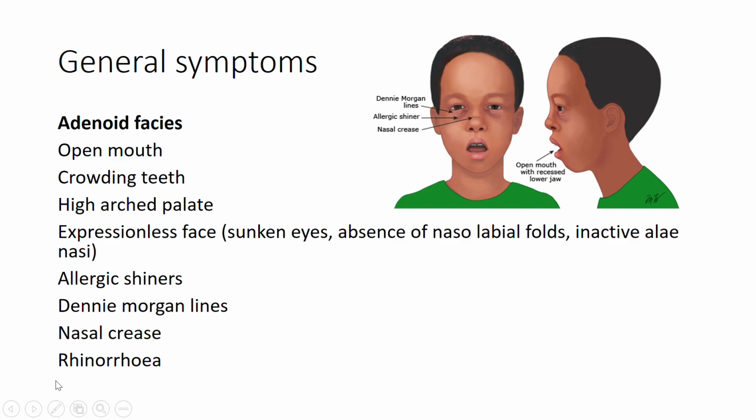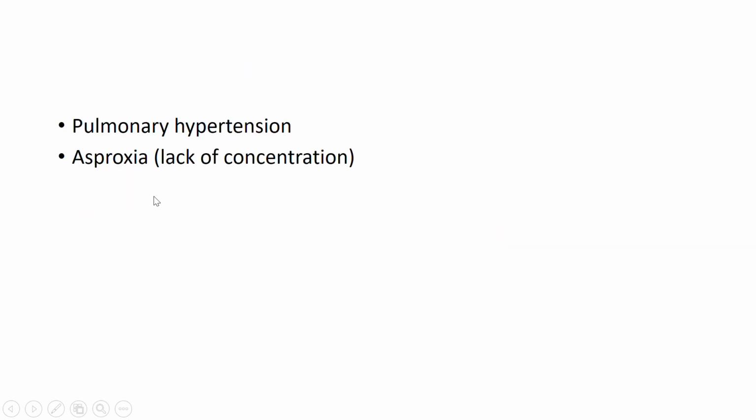Also you can see rhinorrhea. If you inspect the nose, you can see that there is mucus or nasal discharge present here, or even without examination you can see that the mucus may be just trying to leak out or running out from the nose. So this is something called adenoid facies, a very important question, and these are the important features of the adenoid facies.